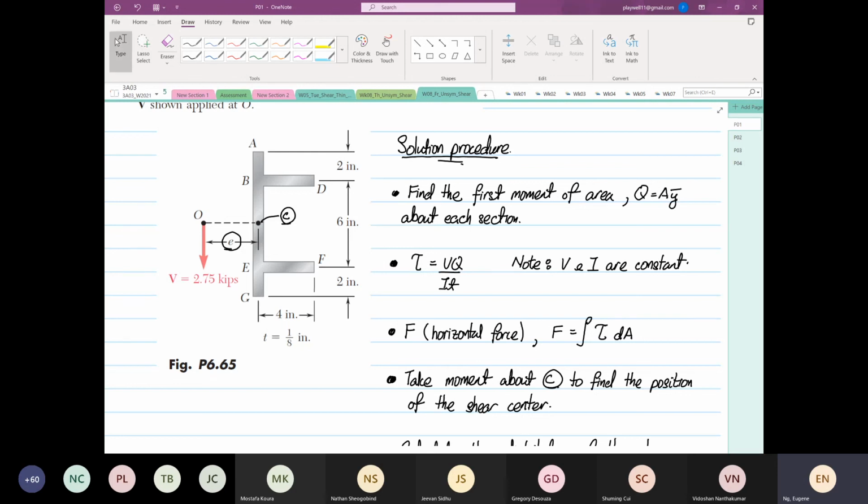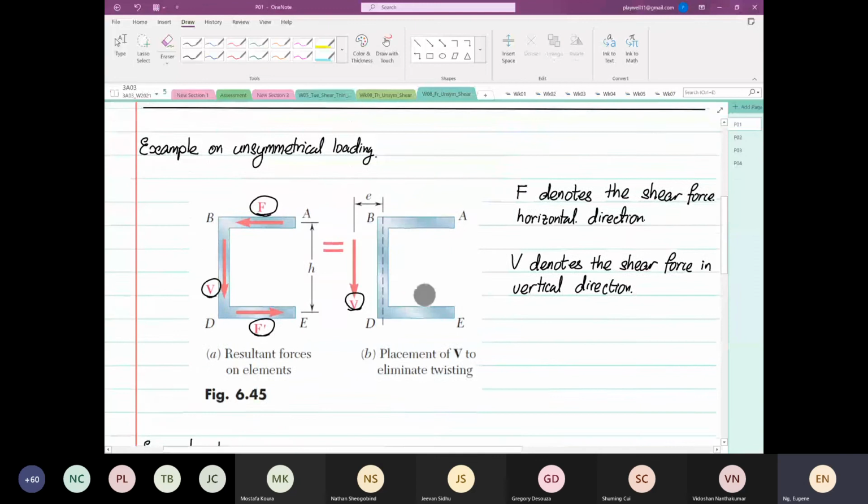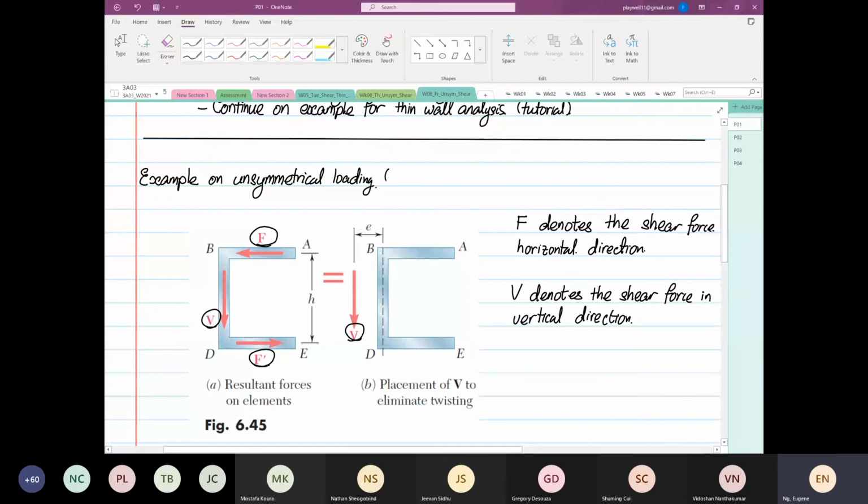That's why it's very specific that for this sort of analysis, it is always classified under thin wall. Always. And thin wall is inherently where we have the twist. Remember that, it might be a term test question.